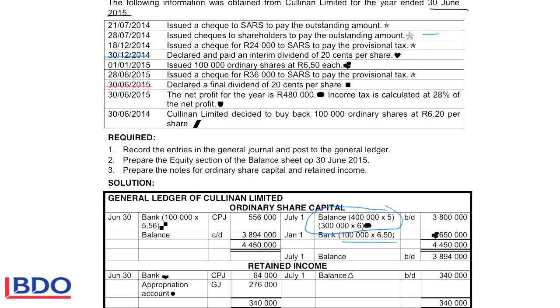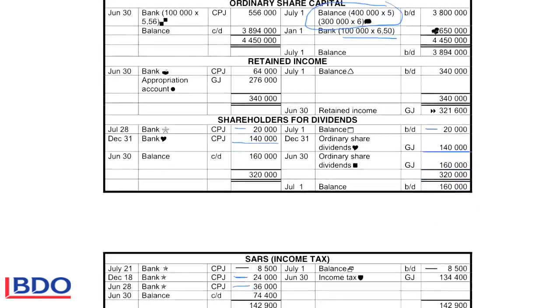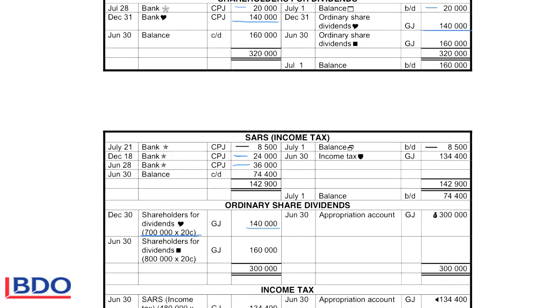Then the books went to the auditor, and after the auditor is satisfied that everything is correct in the books and they are prepared to give the auditor's report, you will only determine the net profit then. And this gives us the 480,000.